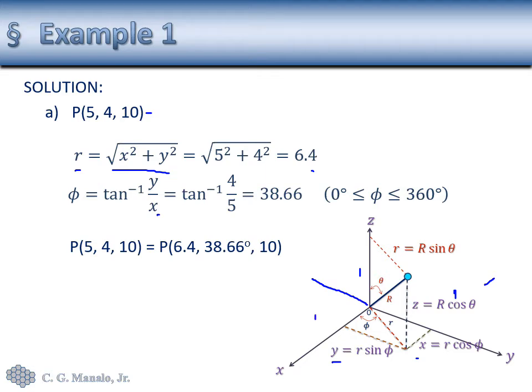And if x is positive and y is negative, that would be in the fourth quadrant here. So we need to be careful using this formula, and we need to locate the point on the right quadrant where it belongs. So the conversion of the coordinate system from Cartesian into cylindrical would be this one.